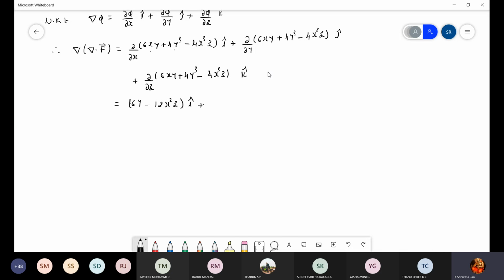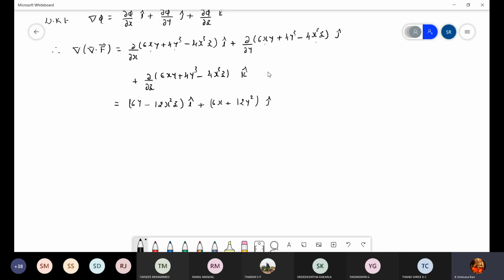Plus with respect to y, 6x, the second term is 12y square, and the third is 0, multiplied with j cap.